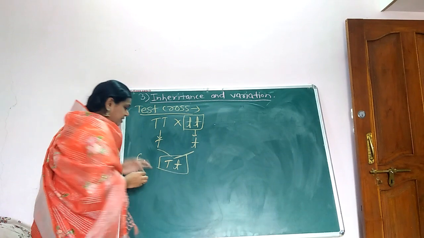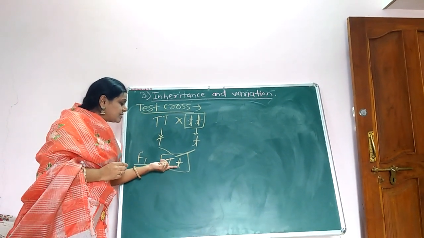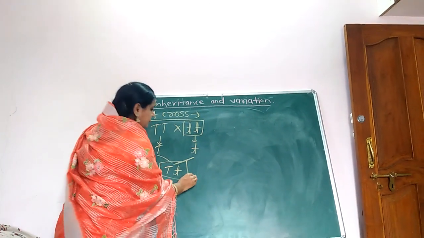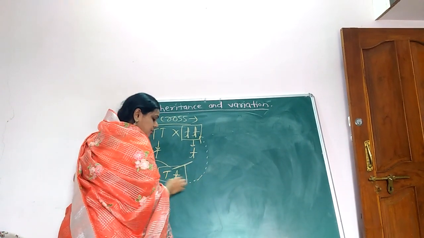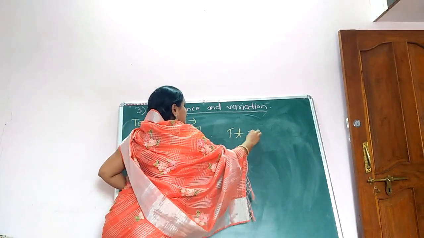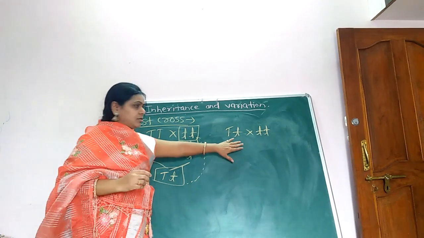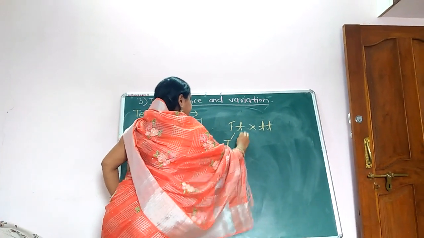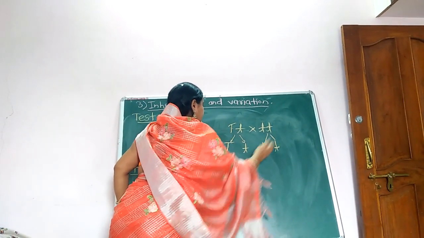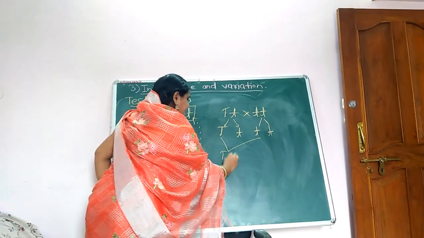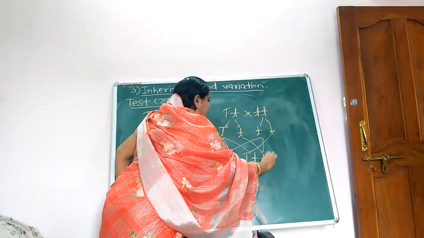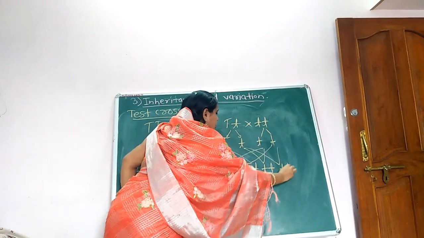Here, when the F1 generation plant is crossed with this recessive pure homozygous parent, the genotype is small t and small t.